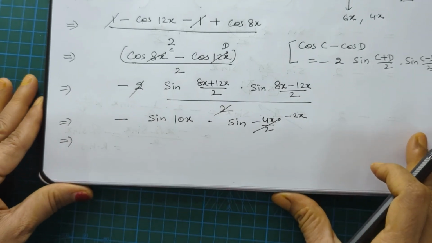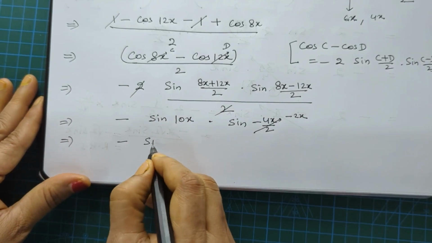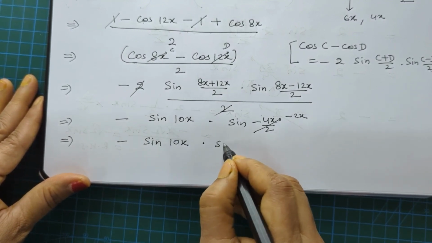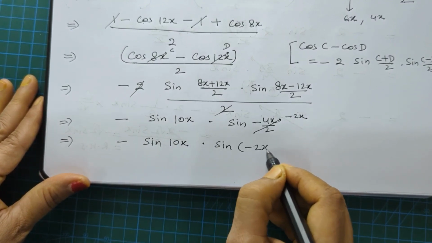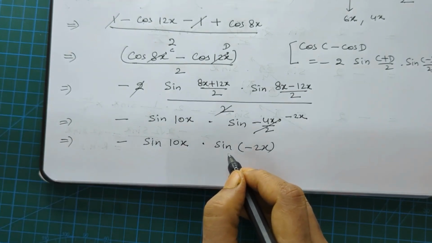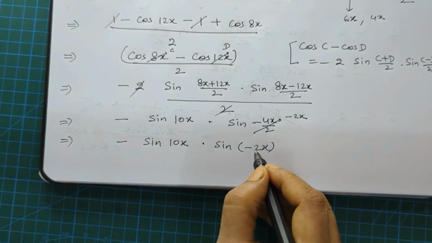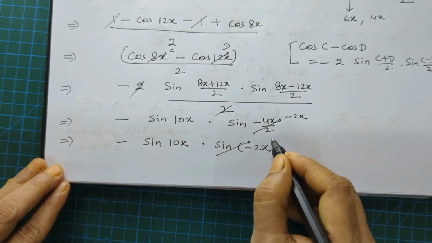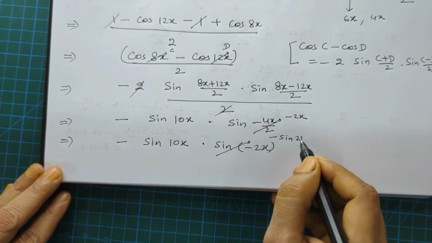Now the last but one step, negative sine 10x times sine of negative 2x. Sine is an odd function, that is why sine of a negative angle is negative of sine of that angle. So this one is negative sine 2x.